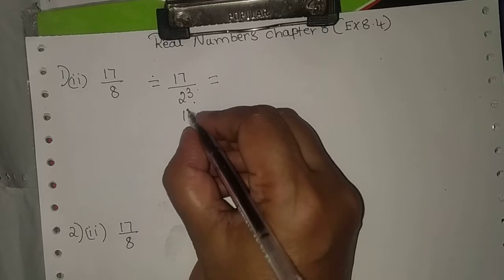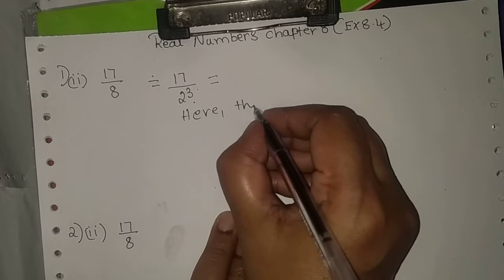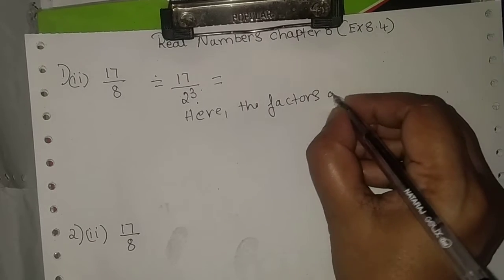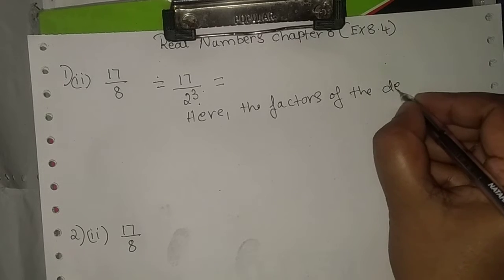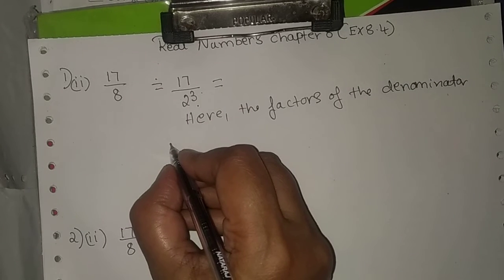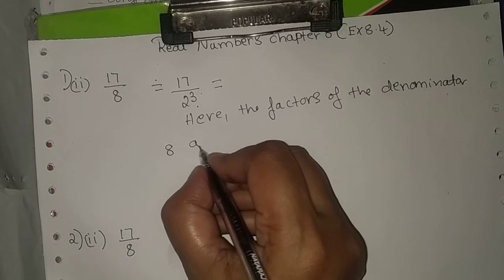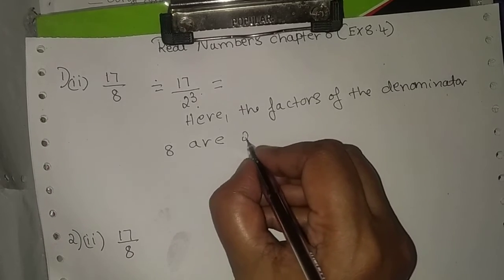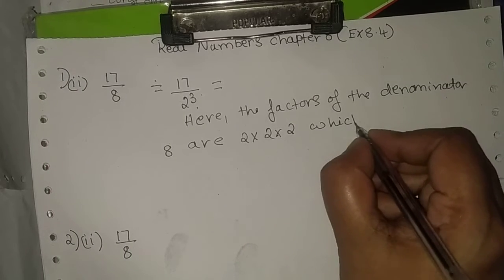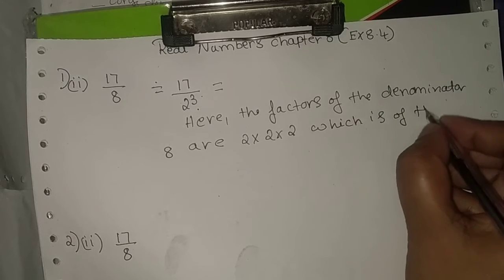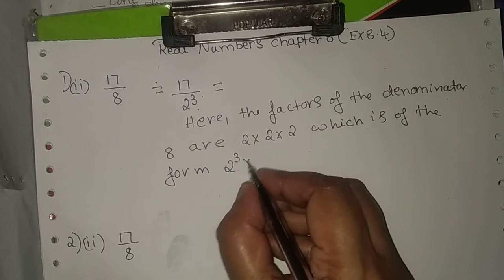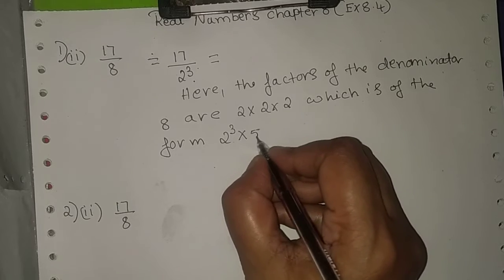Next, the factors of the denominator 8 are 2 into 2 into 2, that is 2 cube, which is of the form 2 cube into 5 to the power of 0.